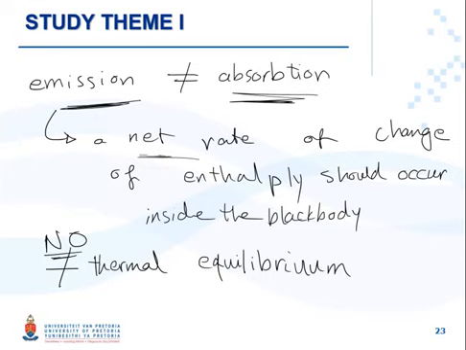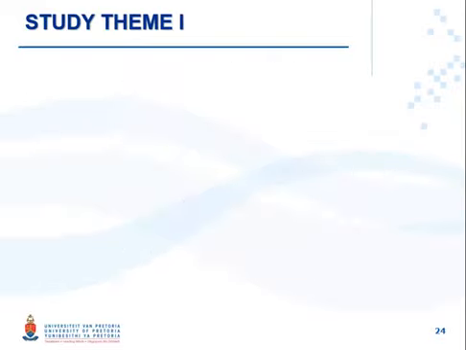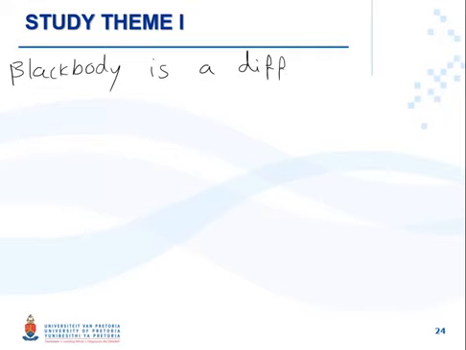The other thing that we need to prove is that the black body is a diffuse emitter, because we said that the black body is a diffuse emitter. So we want to prove that.